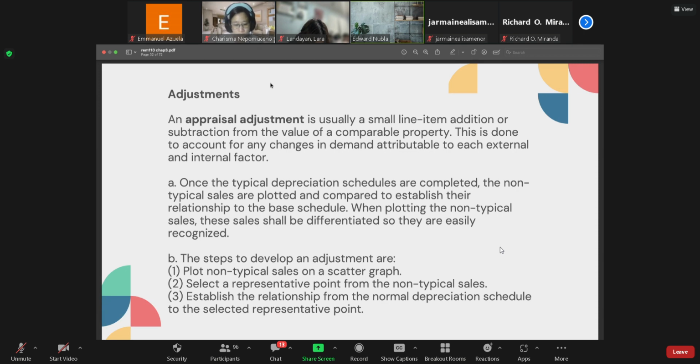Walang totoong math yung iba dun. Ang mga totoong math yung market data approach, yung income approach, tsaka yung cost approach. Pero other than that, puro opinion yun. Alright. Yun lang naman. Okay, continue.